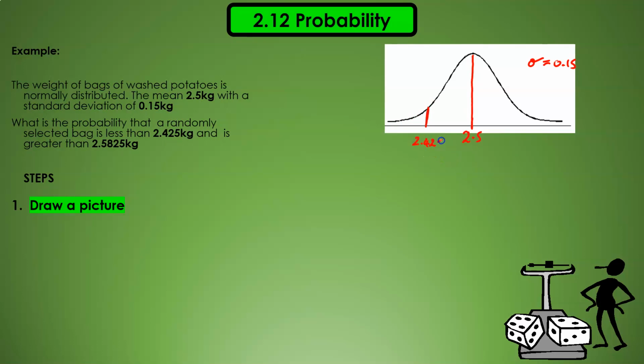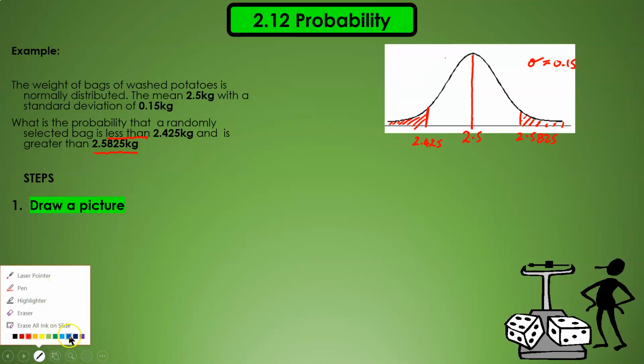The key bit is that it's less than that, so it's this area here. And it's got to be greater than 2.5825, which is here. So that's the area we're trying to work out.